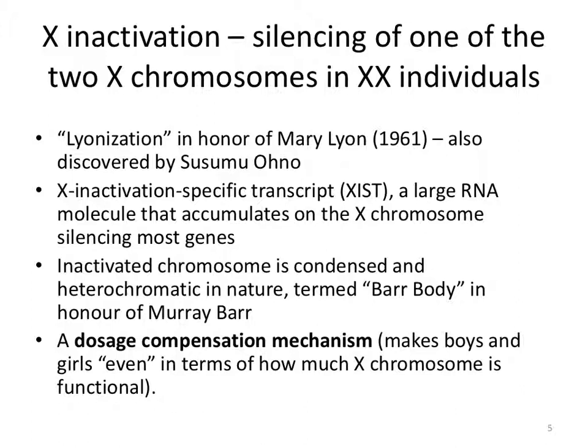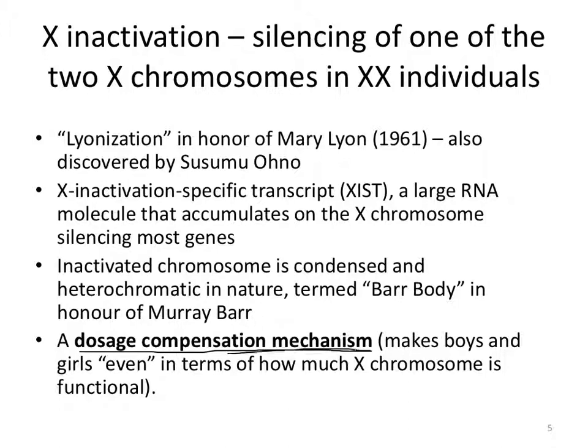While we're looking at the example of sex linkage and we're thinking about the X chromosome, let's talk about a fascinating topic which is called X inactivation, which means to silence one of the two X chromosomes in XX individuals. In humans, that would mean in women. So this X inactivation is a form of something called gene dosage, or a dosage compensation mechanism.